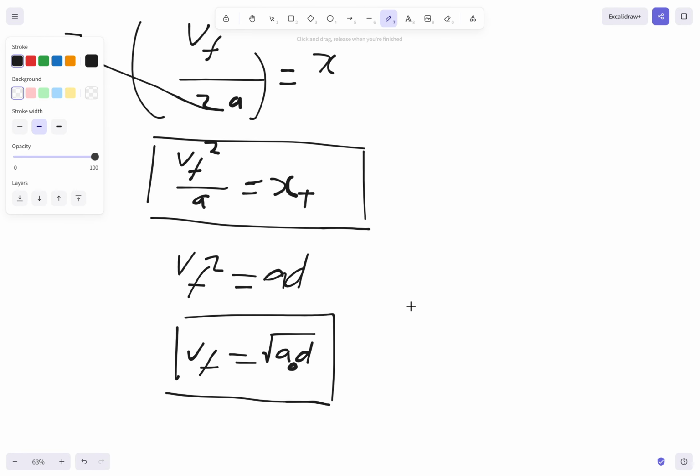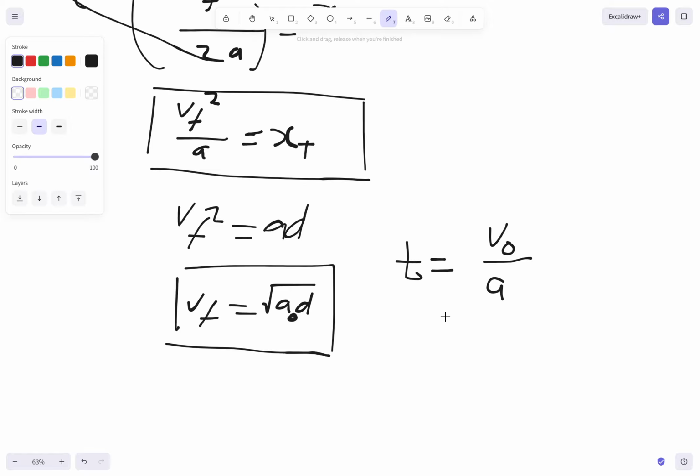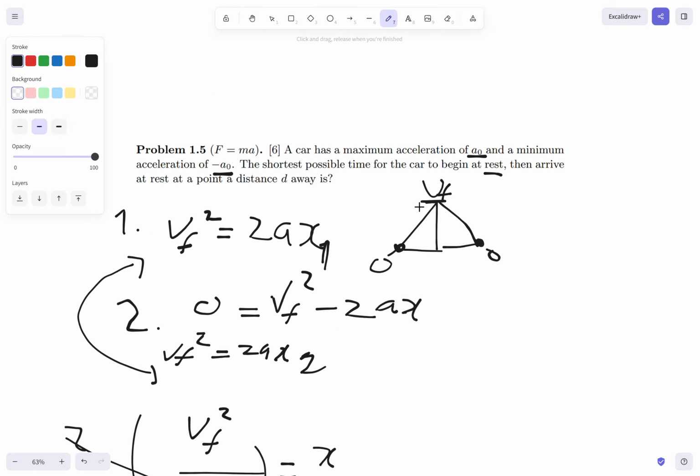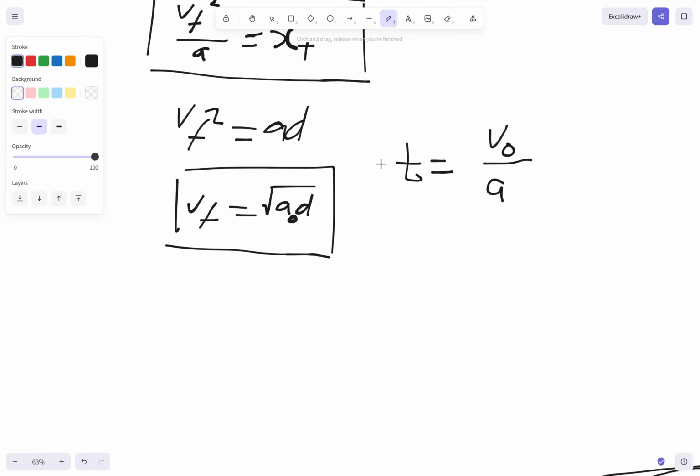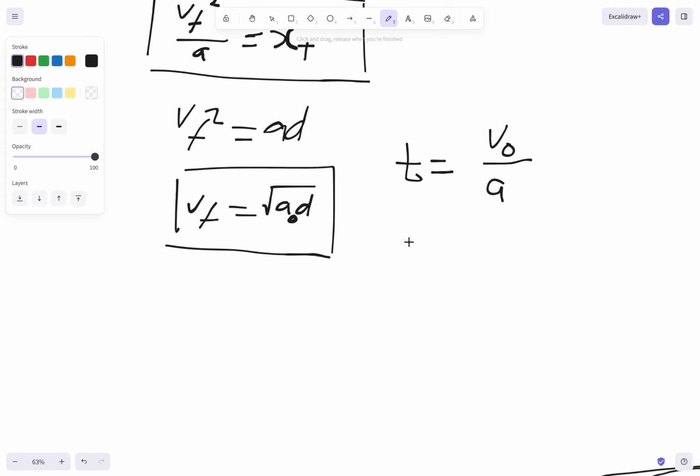So the time t equals v over a. That makes sense, right? And that's only for going up, and it would be multiplied by 2 because you have to go down as well. See, there's symmetry in everything. That's something about Noether's theorem.